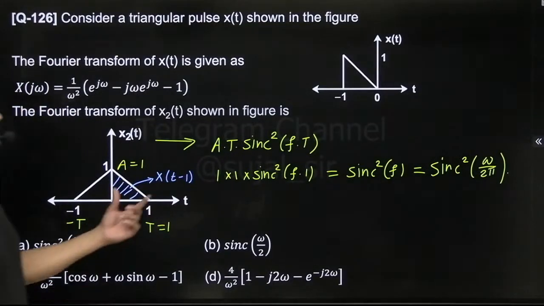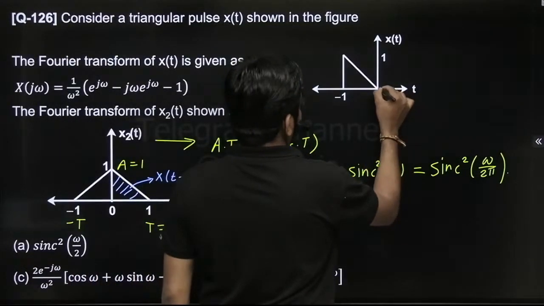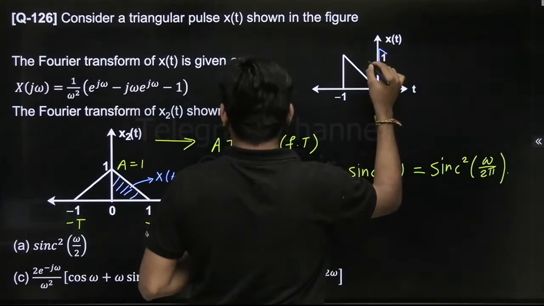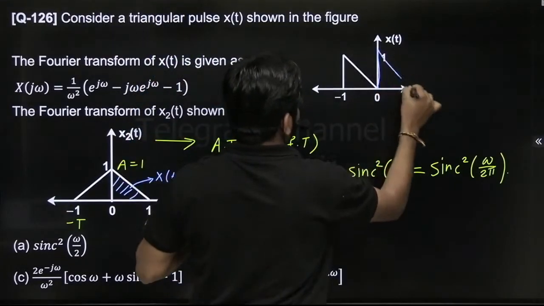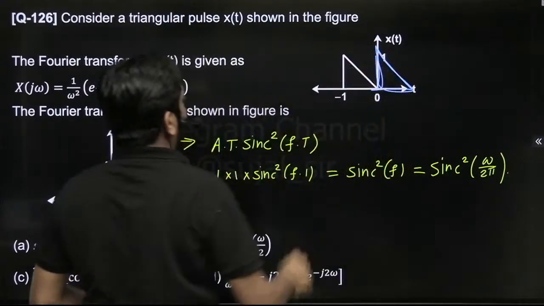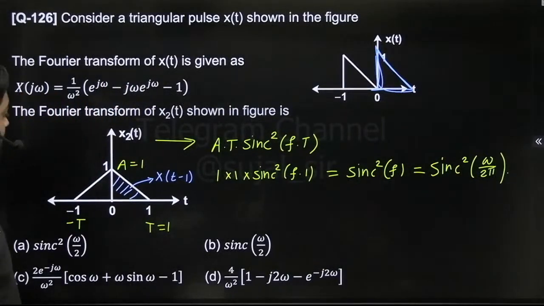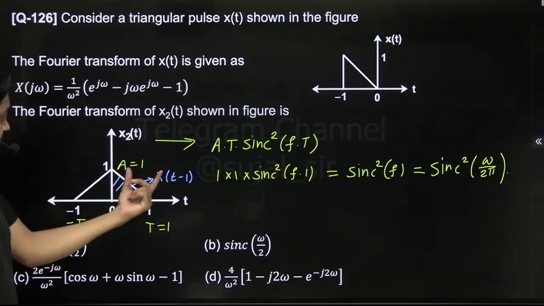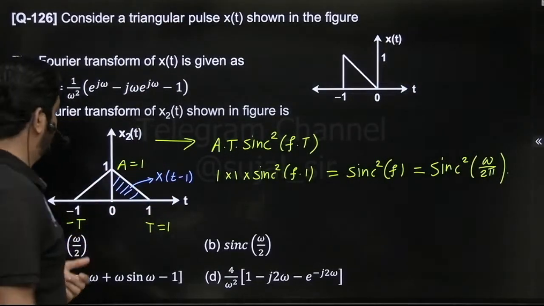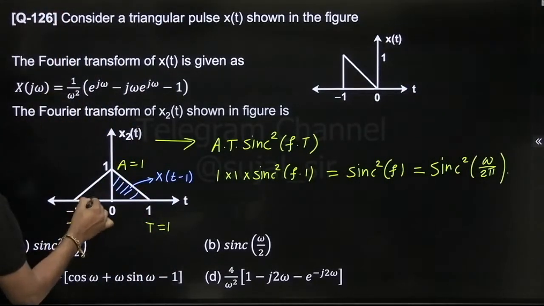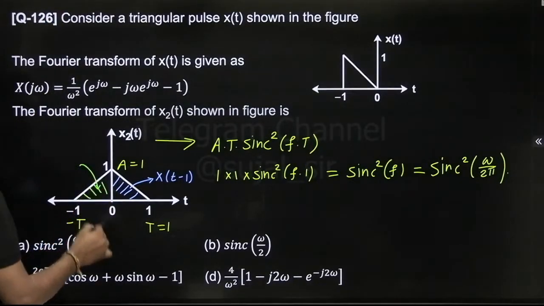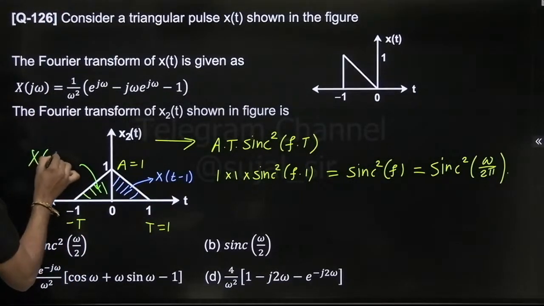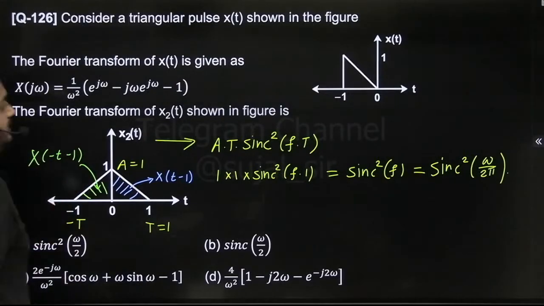So x of t minus 1, this thing you will get, triangle x of t minus 1. Now then folding with respect to this one, this portion is nothing but x of minus t minus 1, yes or no?